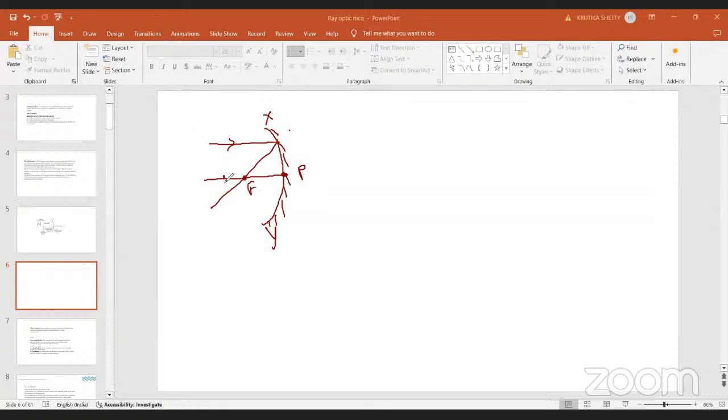Here we have the center of curvature, and I will show the center of curvature to the mirror with dotted lines. So L, M, and here one perpendicular I am taking, that is D, and this angle is theta. This angle is also theta. According to the theorem, this angle becomes 2 theta.